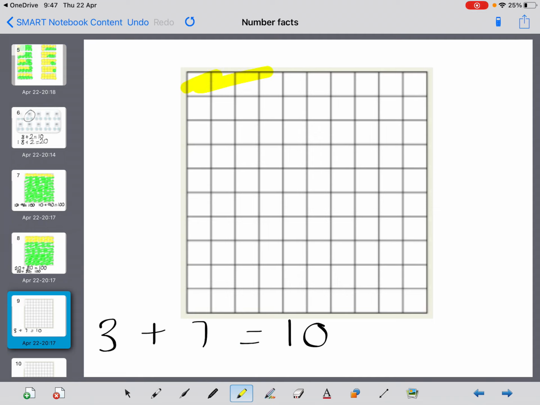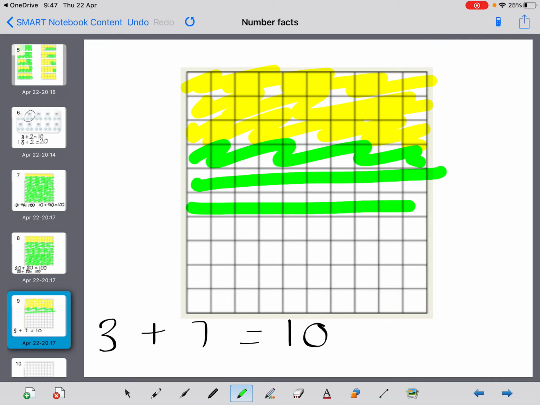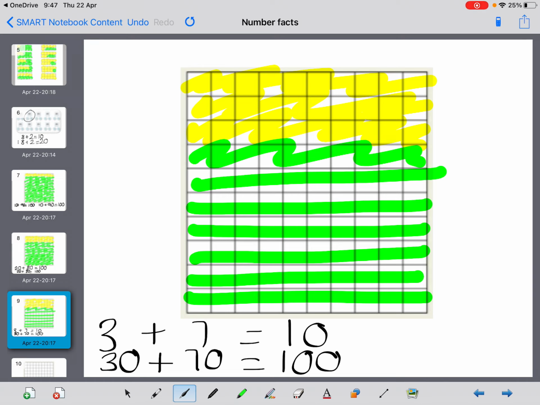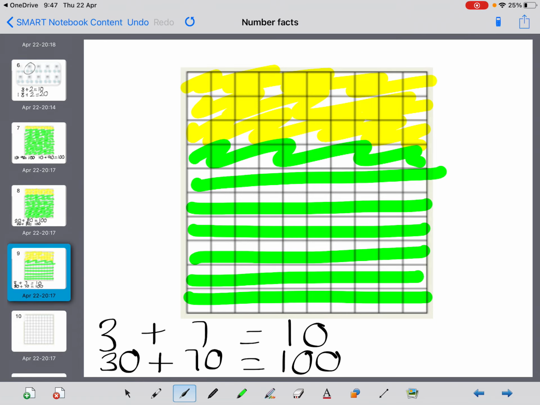I'm going to show this with my bonds to 100. 10, 20, 30 yellow, 10, 20, 30, 40, 50, 60, 70 green. 30 add 70 equals 100. I've multiplied each of my number bonds to 10 by 10, and that's given me a number bond to 100.